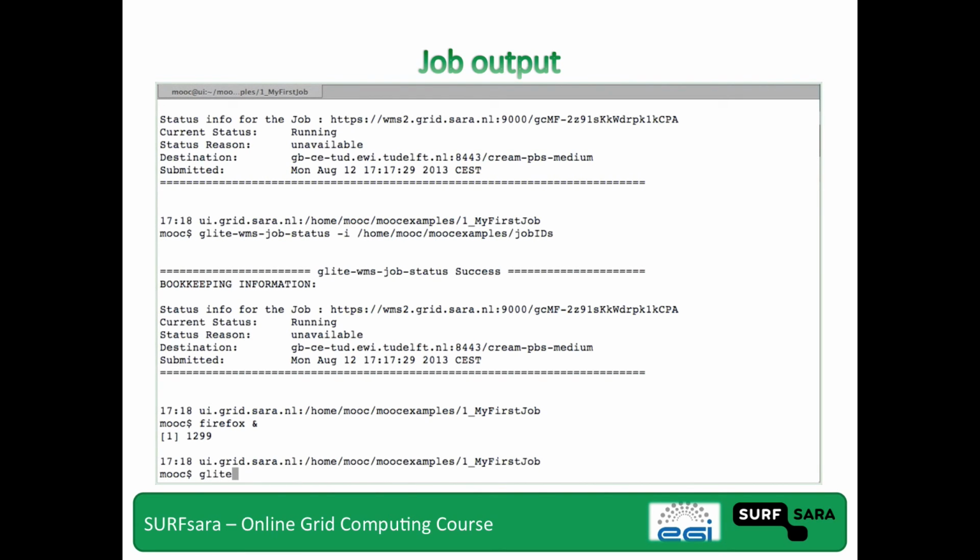The way to do that is the glide-wms job output command, and we can just give the job identifier that we've used before. And we want the output to be copied to the directory that we're currently in, so we use the dir option of the command.